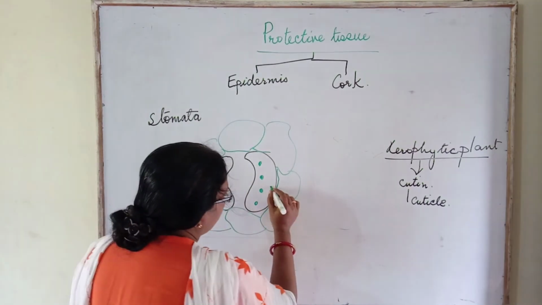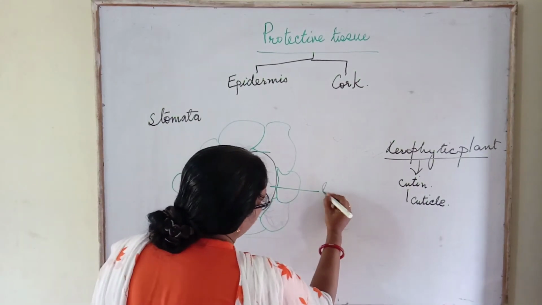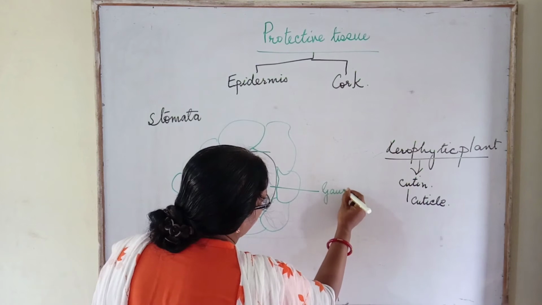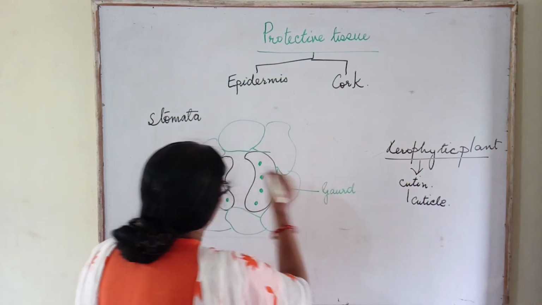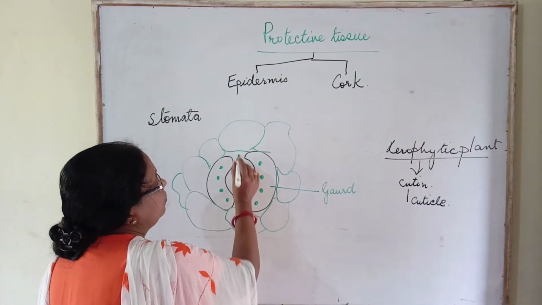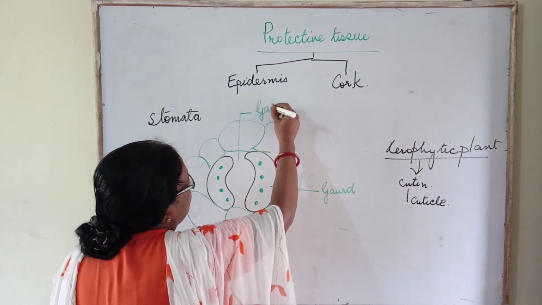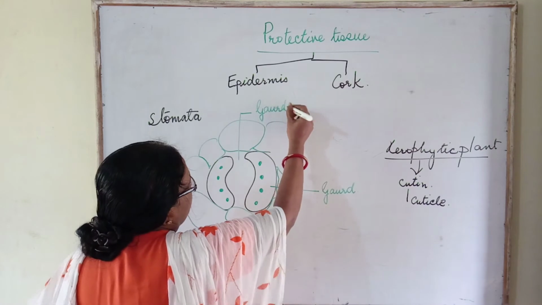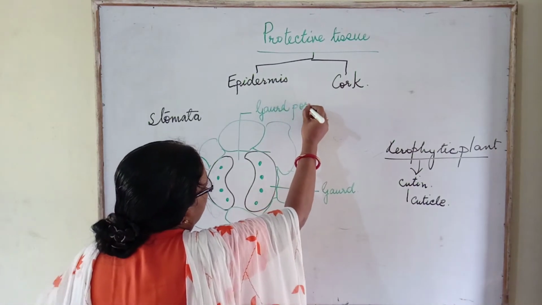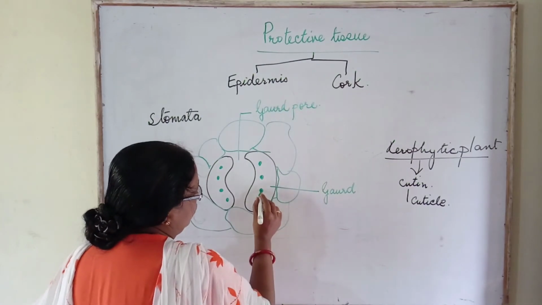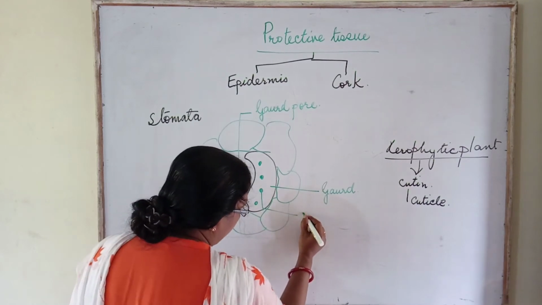Now this is the guard cell. This opening is known as the stomatal pore. Chloroplasts are also present.